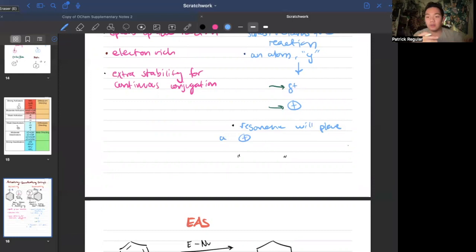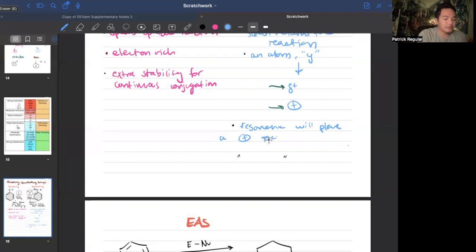The carbon that bears the substitution group, in electrophilic aromatic substitution, has a positive charge in that aromatic ring. So you put it near that already partially positive or positive formal charge Y, two positive charges near each other, and that's not very stable.